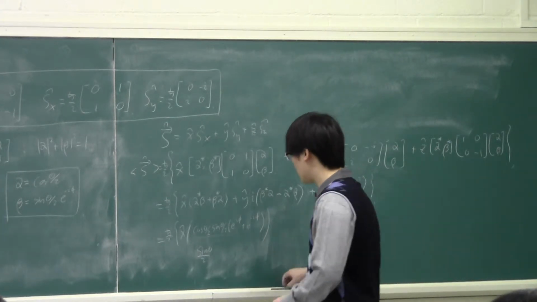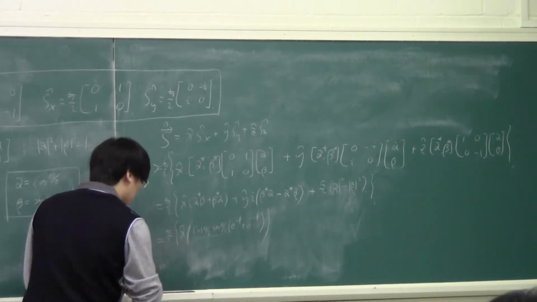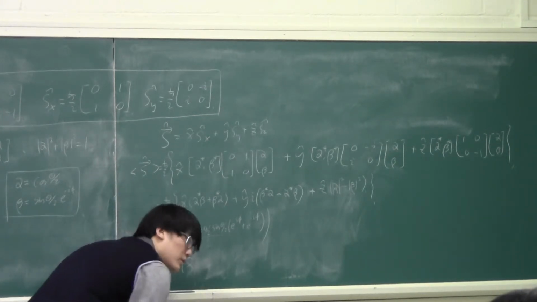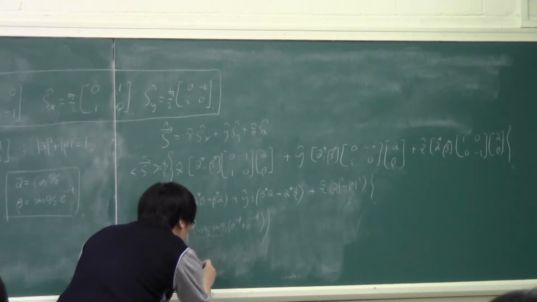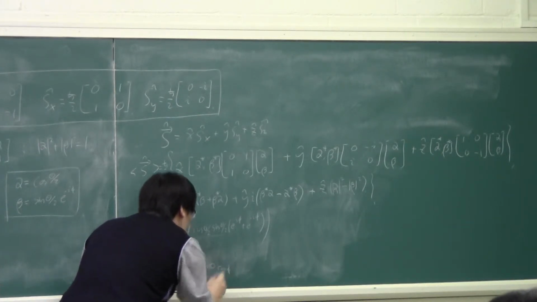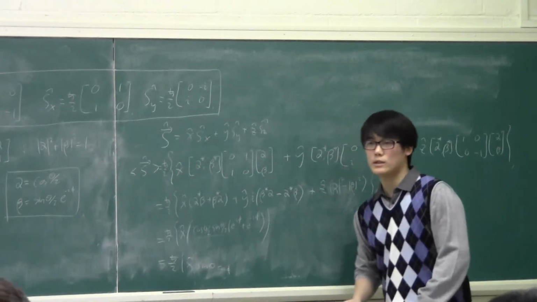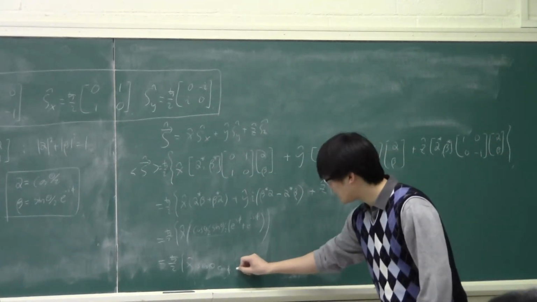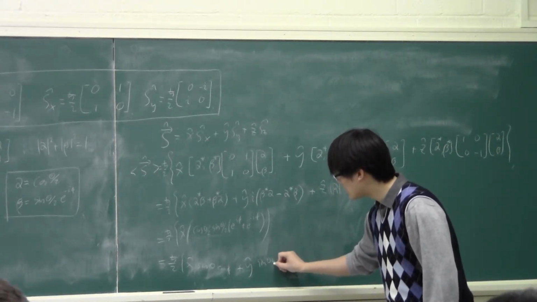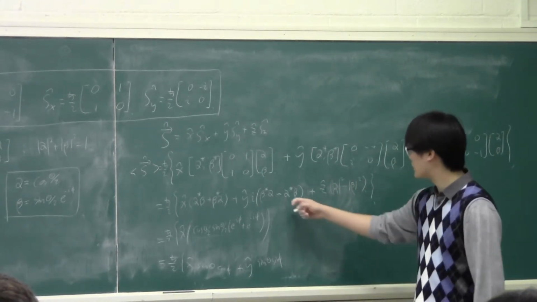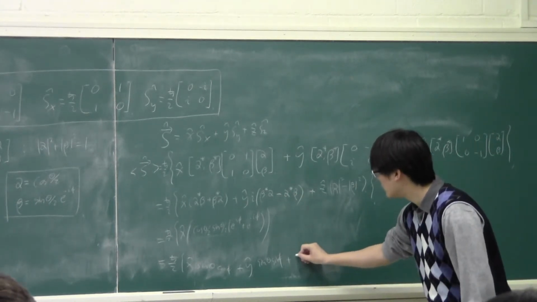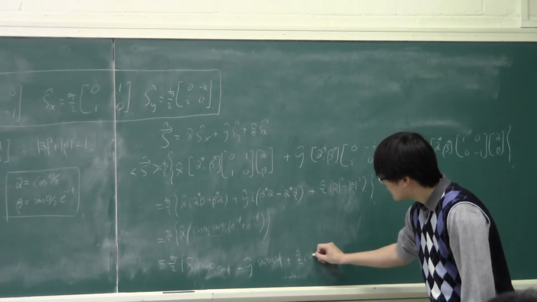So the x component is sine theta cosine phi. Now you can guess what the y component is. The y component is sine theta sine phi, because we have this minus here. And then the z component is cosine theta.